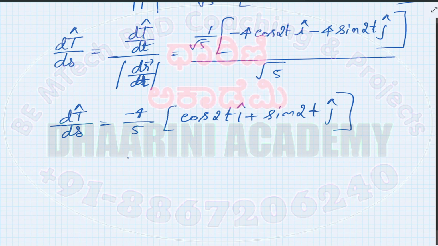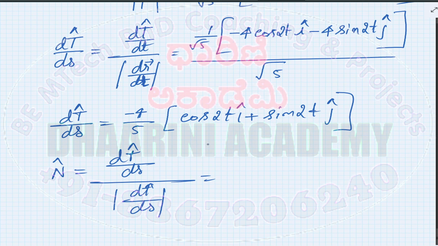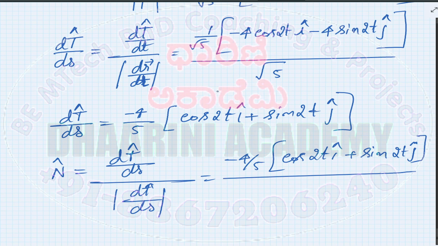So I want the n cap. N cap is nothing but dt cap by ds whole divided by magnitude of dt cap by ds. So this is minus 4 by 5 times cos 2t i cap plus sin 2t into j cap whole divided by, see the magnitude of this is nothing but 4 by 5, since cos square 2t plus sin square 2t is 1.